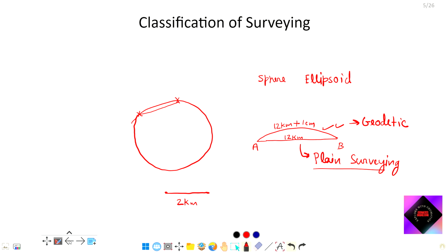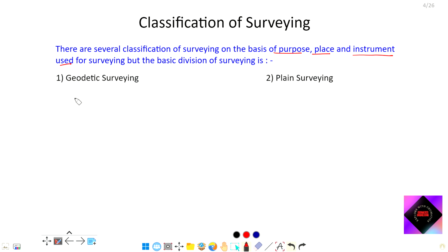So from here we get that in geodetic surveying the curvature of the earth is taken. In plane surveying the curvature of the earth is not taken. That is the simple differentiation.